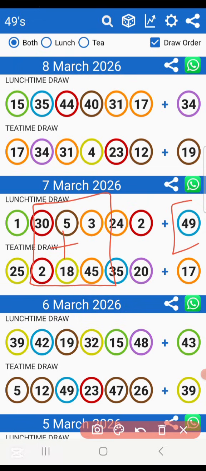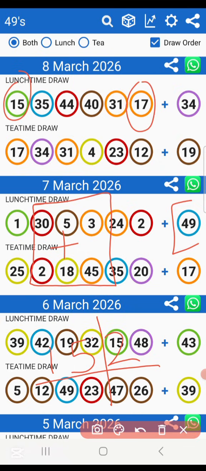So you're gonna add those numbers together like so: 30 plus 5 plus 3 plus 2 plus 18 plus 45 plus 49, the bonus, which you're gonna get 152. So now if you look at this code here, if you focus on the first two digits, you get 15. If you separate them like this and you say 15 plus 2, you get 17.